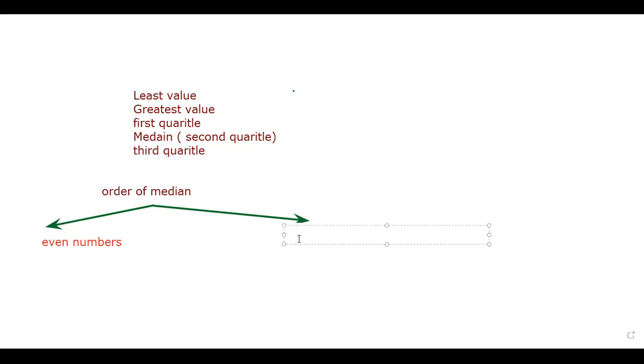Grade 7, morning. Can you hear me? Yes. So we said that if you want to find the order of median, what you have to do? If it's even, we will divide it by 2 and take the number. So if it's an even number, how many medians do you expect in the set of data?